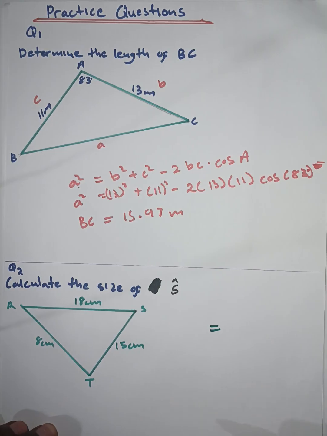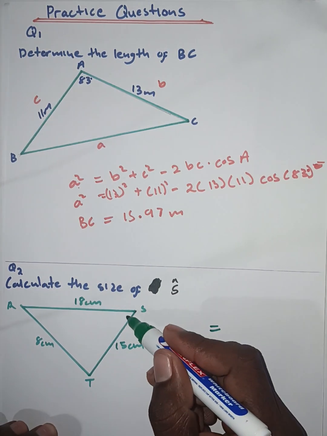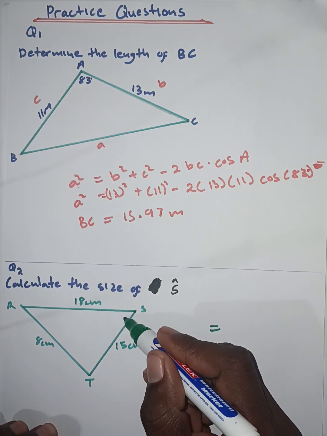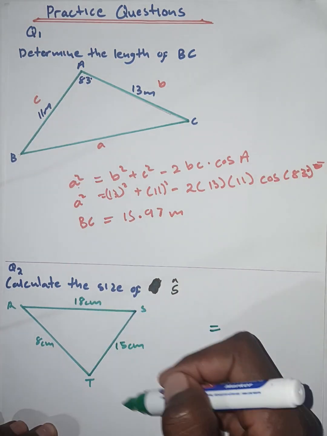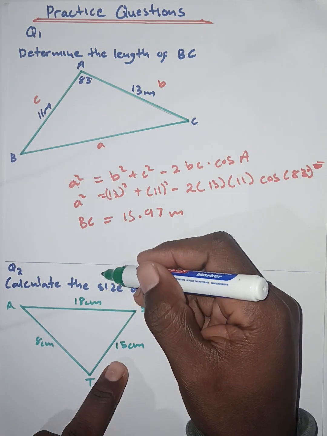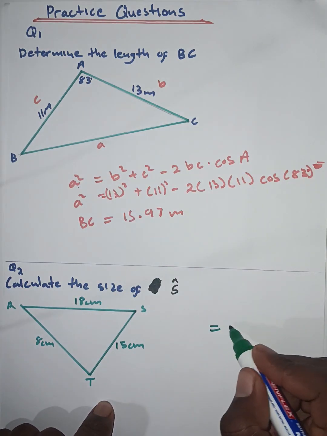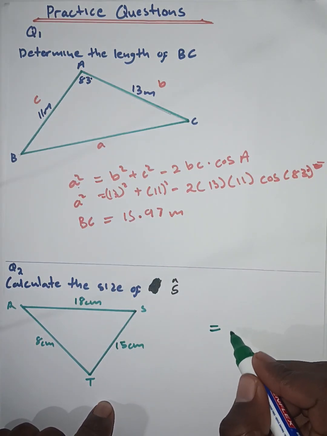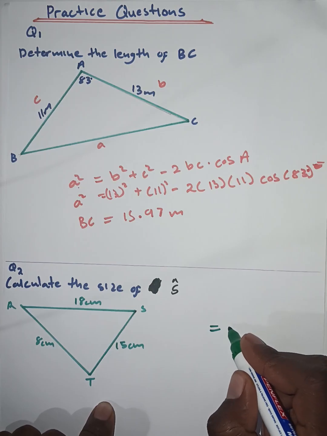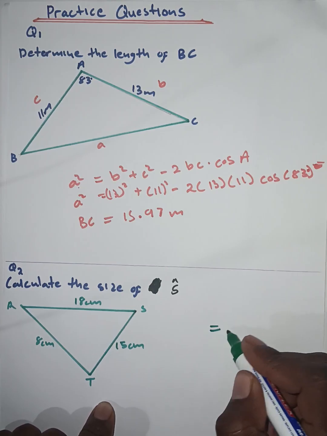So again, which angle am I trying to find? In this case I'm trying to find that angle, which is s, right? On the right hand side it's all about two adjacent sides and the angle in between. I'm just going to skip to putting in the values.